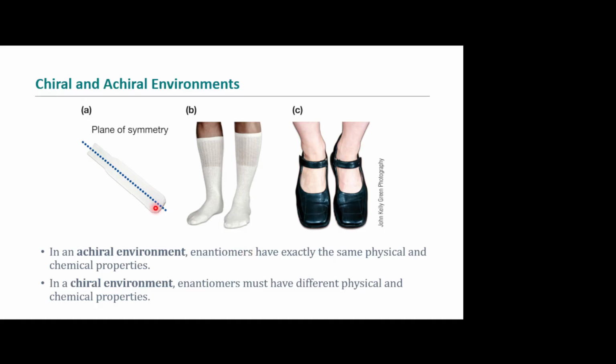So right here, we see a plane of symmetry in our socks, and so our socks actually can fit on either foot, right? And so most socks don't have a right-left configuration, okay? At least the majority don't. And that's because they have a plane of symmetry. And so again, achiral environments and enantiomers are going to have the exact same physical and chemical properties. There is no difference, right?